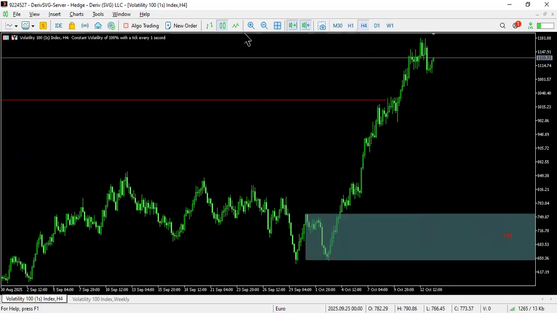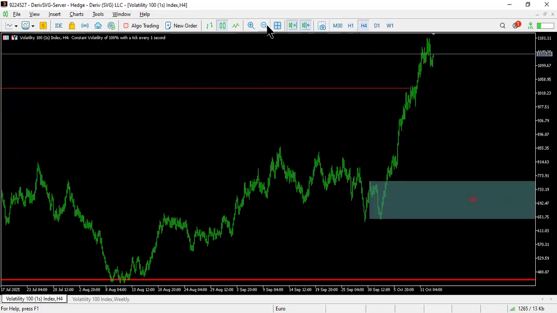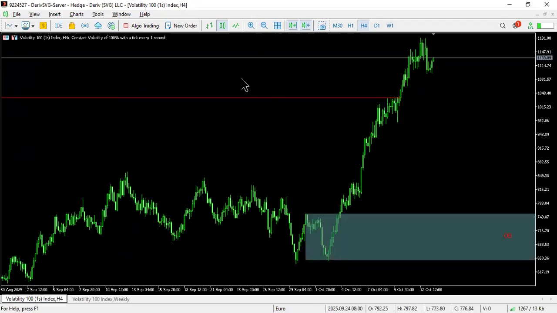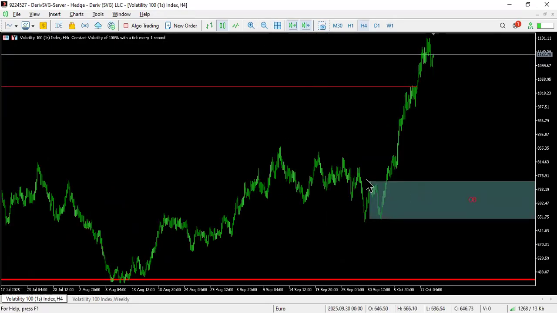If we go to the 4 hours time frame, from the 4 hours time frame, this is our order block.